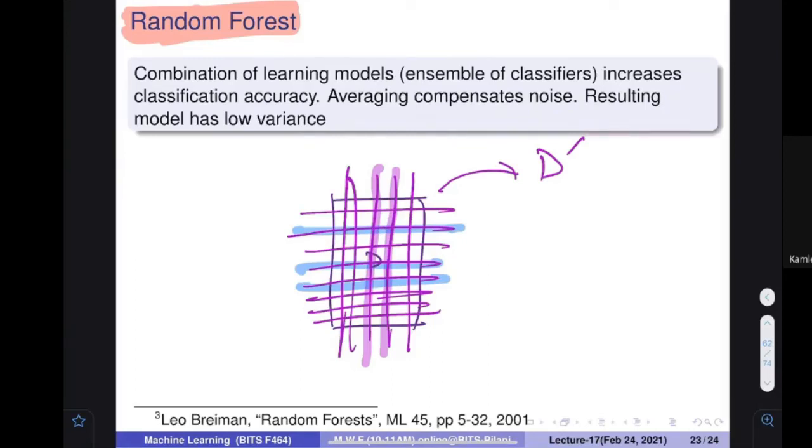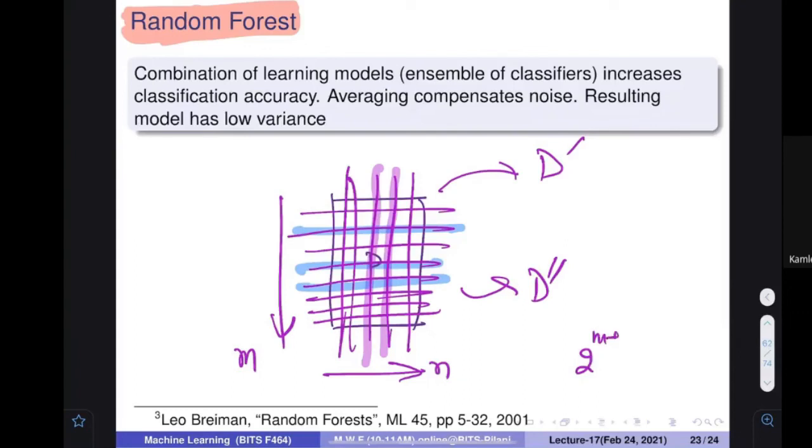I would get a different database, D double dash. Let's assume there are small m number of rows and N attributes. I can remove any of them, but not all. So 2 to the power m plus n number of things I can remove, because that is also allowed.